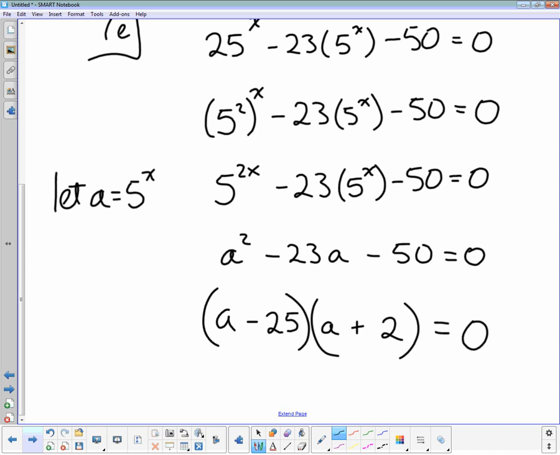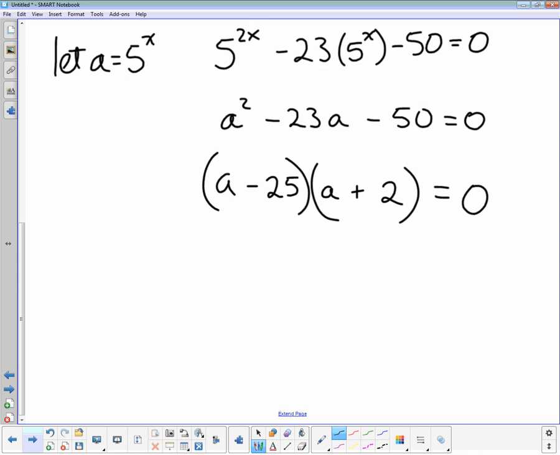Right? And now we resubstitute, or rather we use the zero product property first. And now we resubstitute and solve for x.